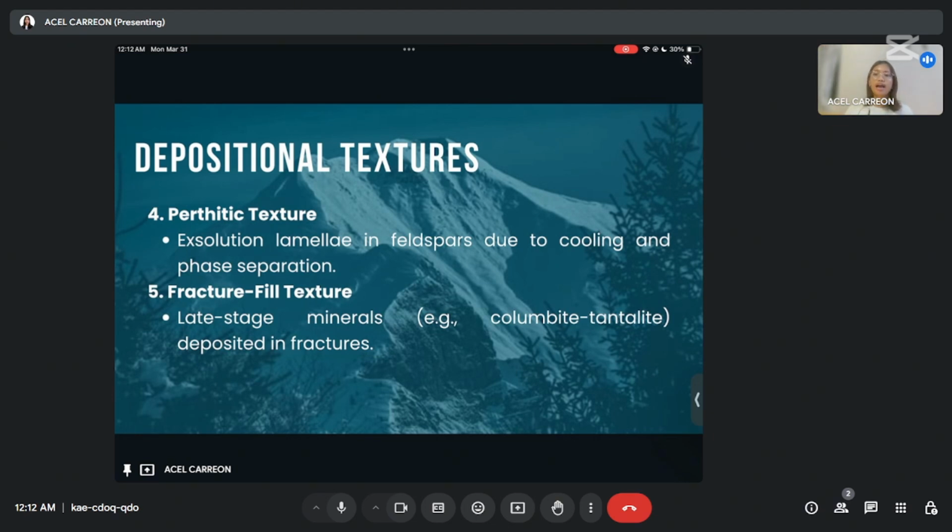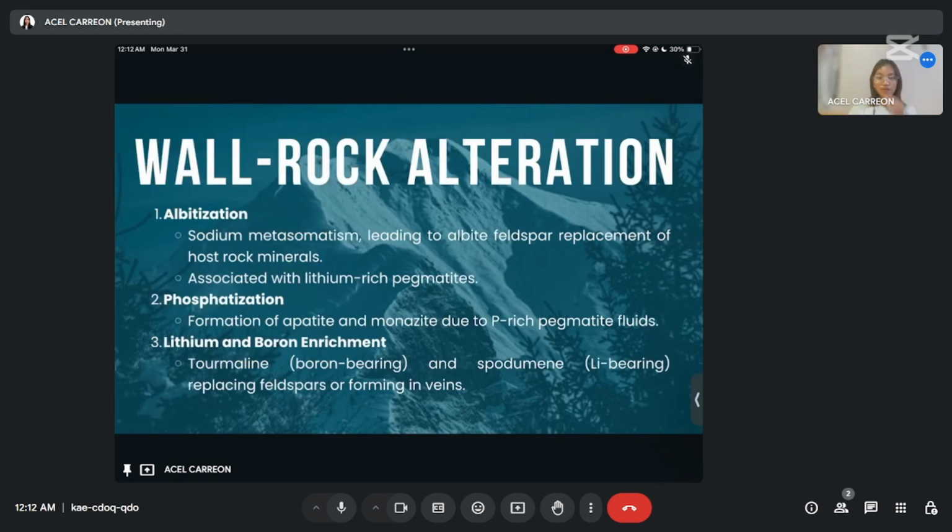And lastly, we have the fracture-filling texture, which is defined by late-stage minerals deposited in the fractures. The types of wall rock alteration include albitization, which is the sodium metasomatism that leads to albite feldspar replacement of host rock minerals and is associated with lithium-rich pegmatites.